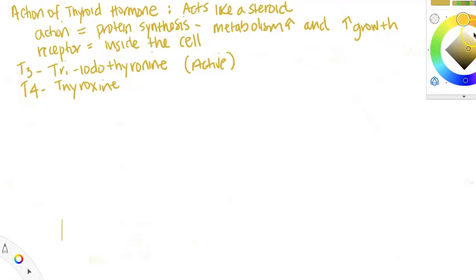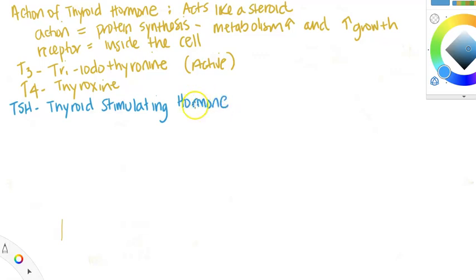So the thyroid is stimulated by TSH, thyroid stimulating hormone. TSH basically increases the chopping of T3 and T4 from the thyroglobulin.